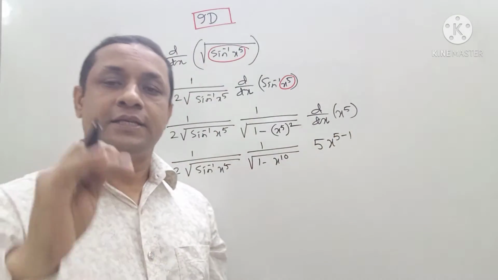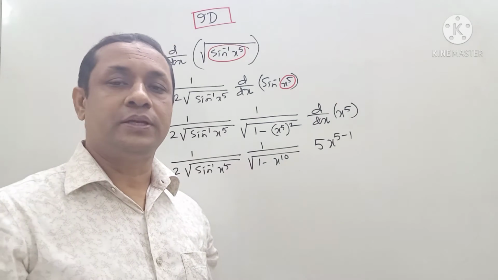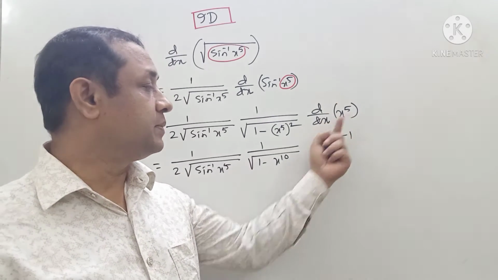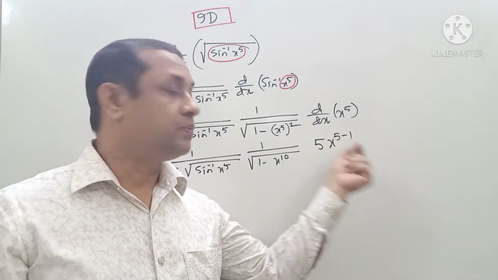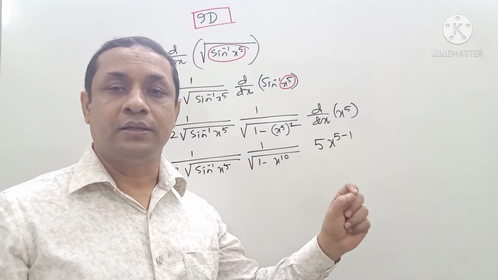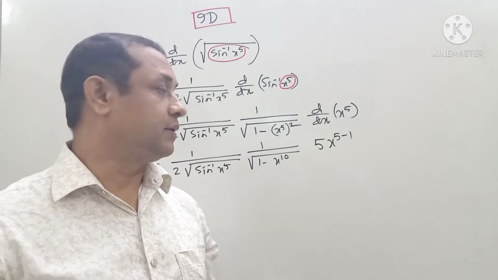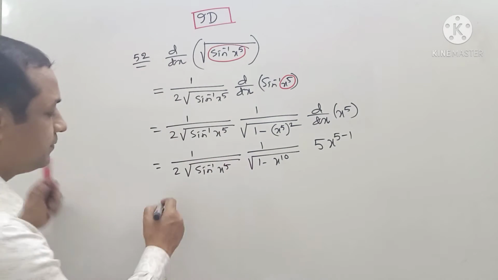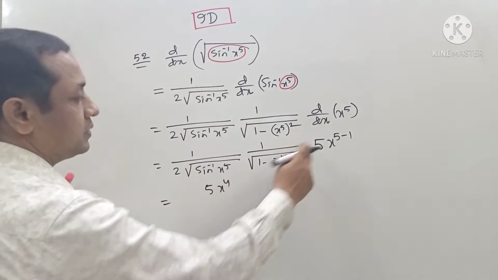We know that d/dx of xⁿ is n xⁿ⁻¹. Here n is 5. So 5x⁵⁻¹, power minus 1, using the formula d/dx of xⁿ. So student, here 5x⁴.